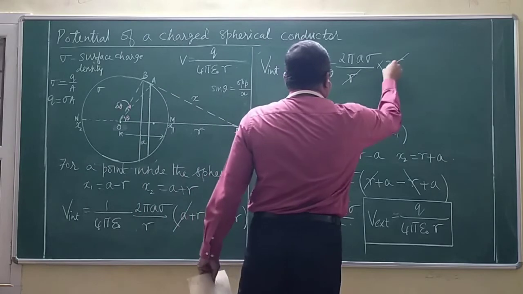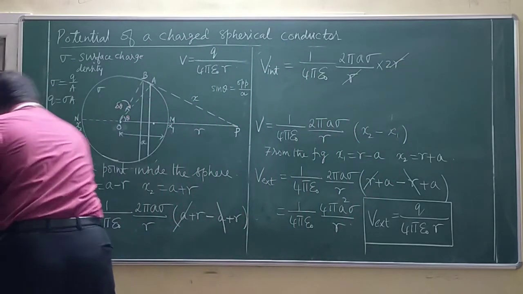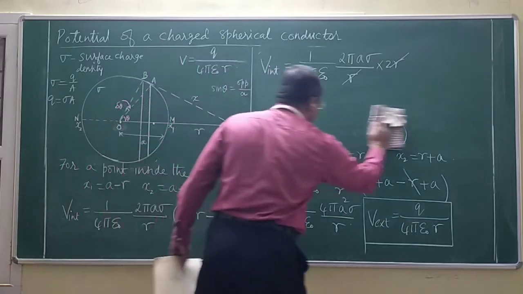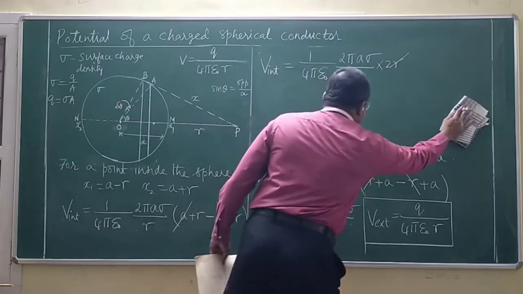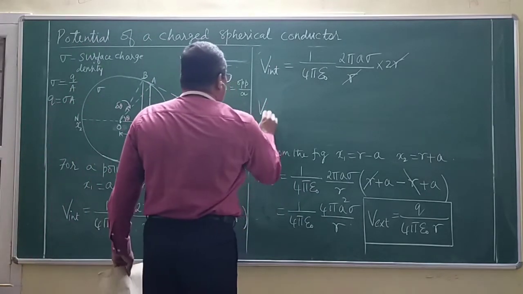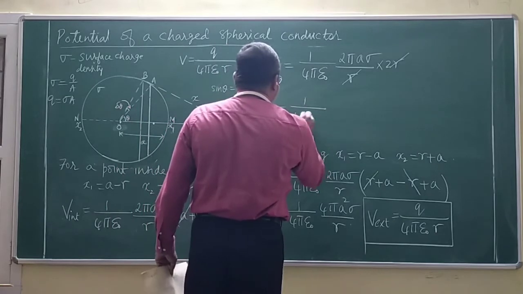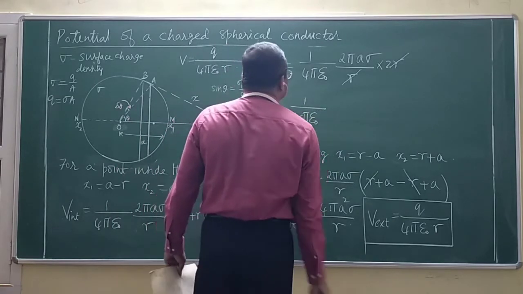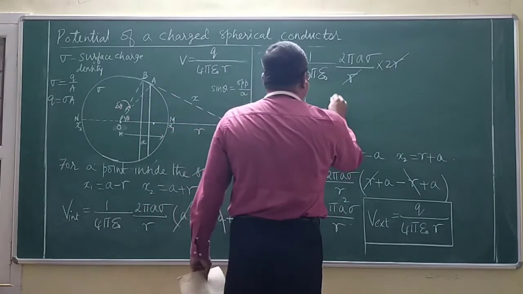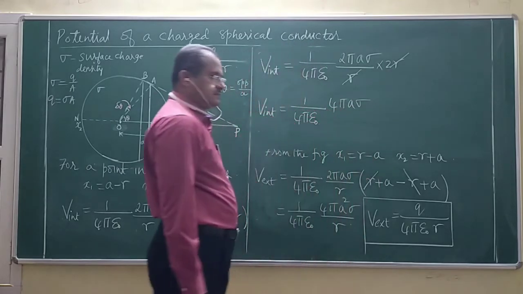This R will go off to give me V internal 1 by 4 pi epsilon naught 4 pi A sigma.